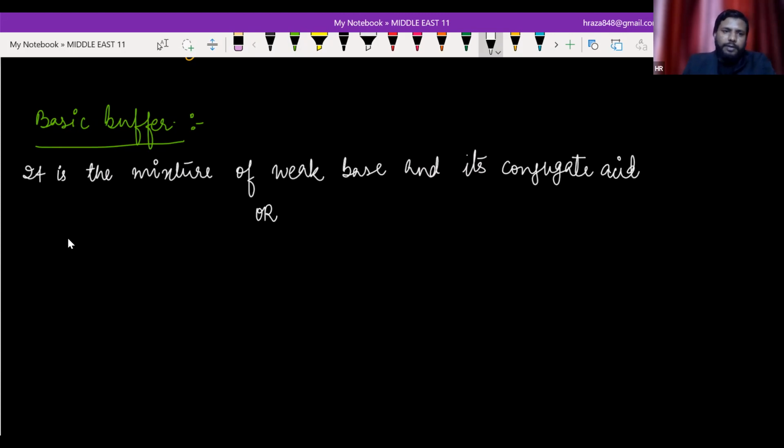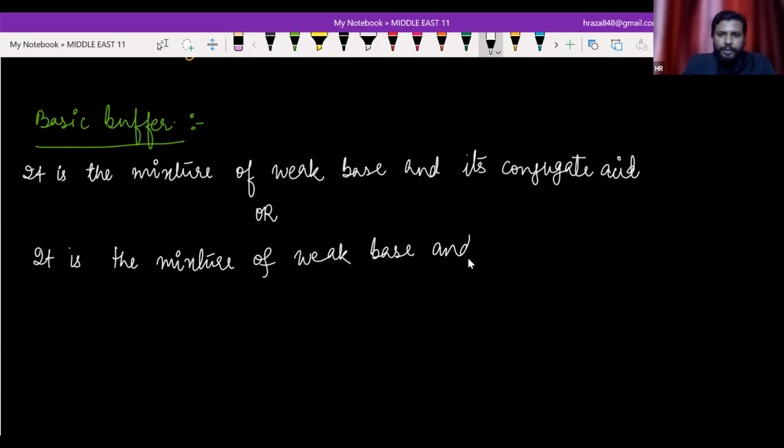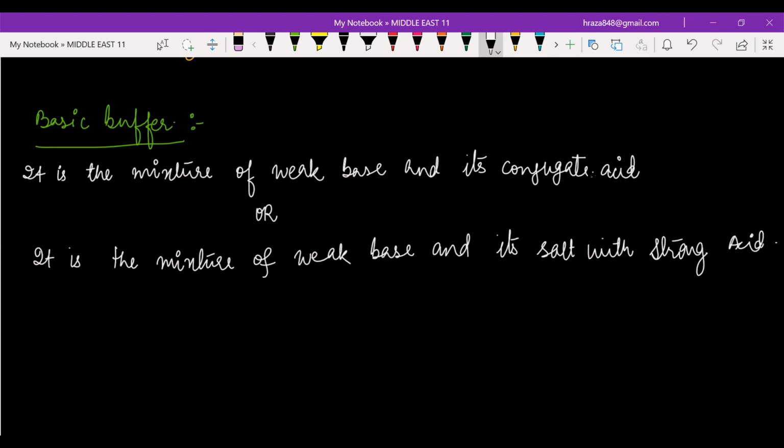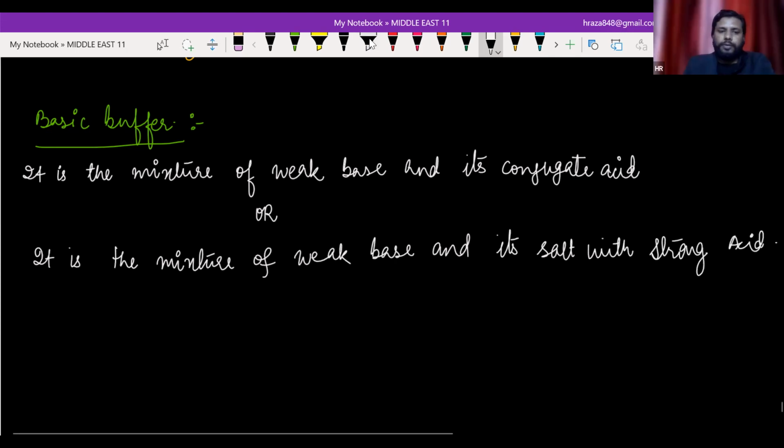Another definition, it is the mixture of weak base and its salt with a strong acid. Is this clear, everyone? Yes, sir. Just write it and let me know. Then I'm going to explain it with an example.